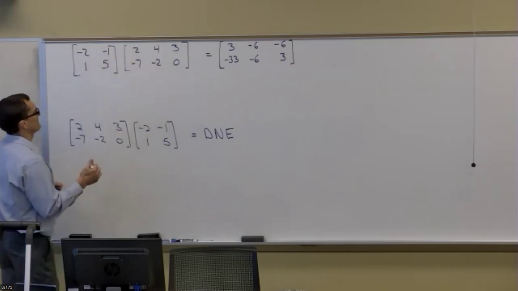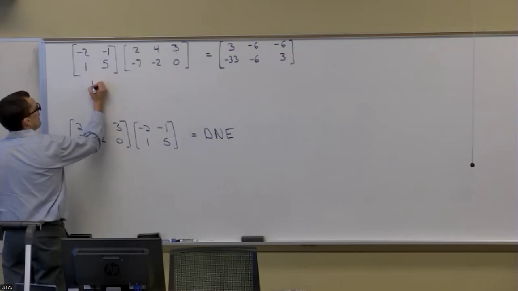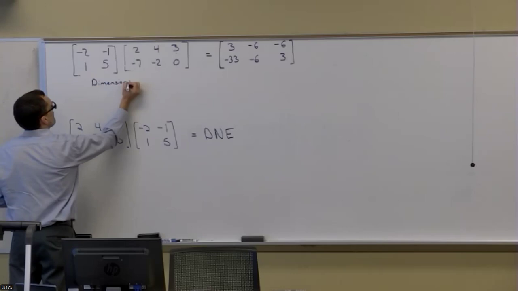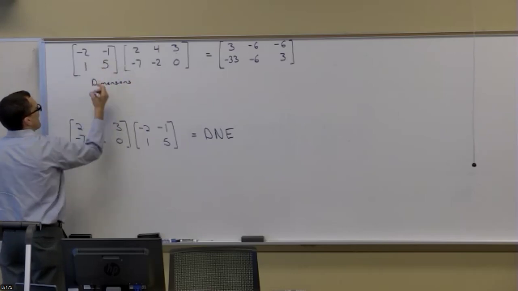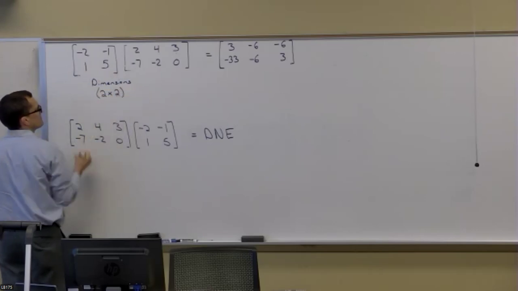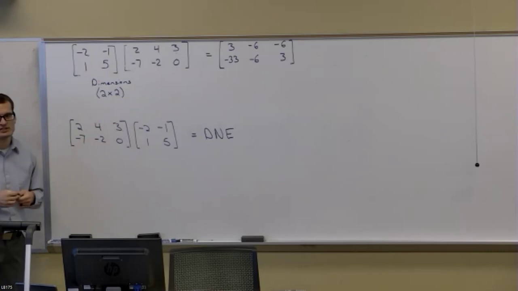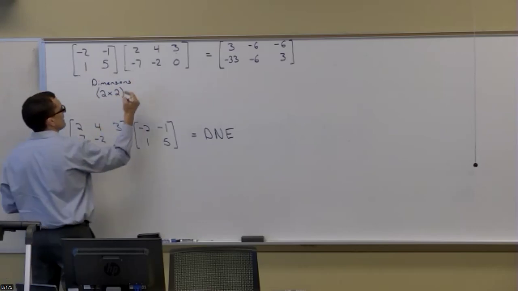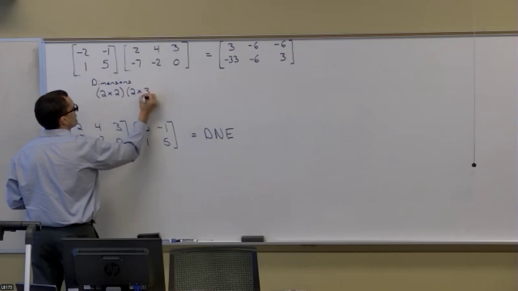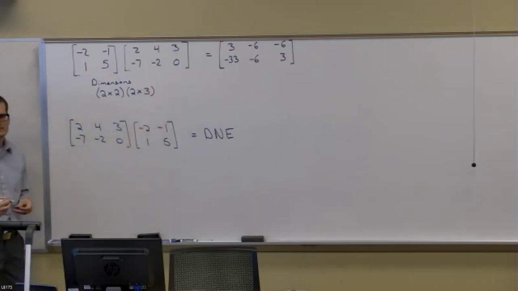Now, I'm just going to write this down. I want you to note the dimensions here. We had 2 rows and 2 columns in that first matrix, so it's 2 by 2. In the second matrix over here, it was 2 by 3.